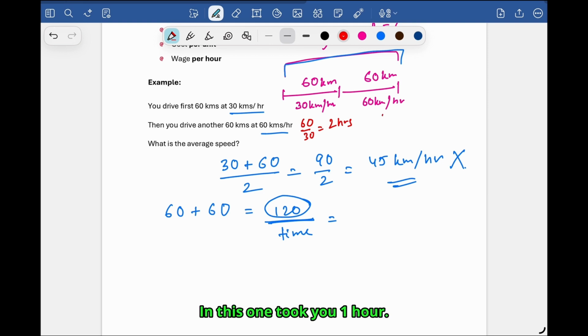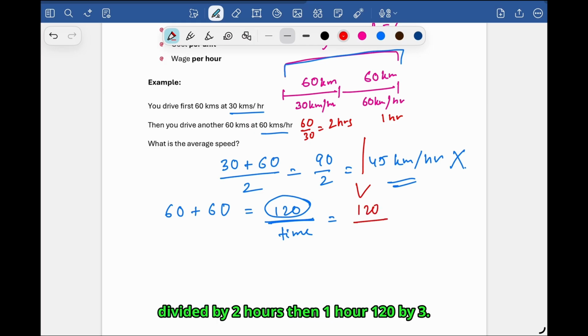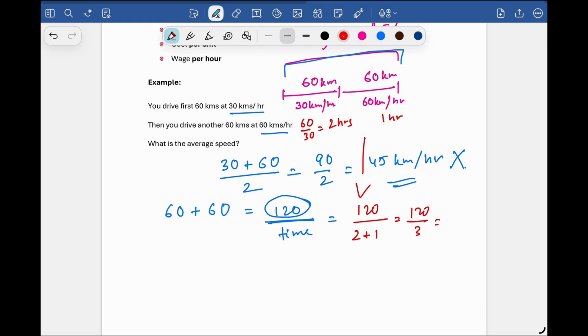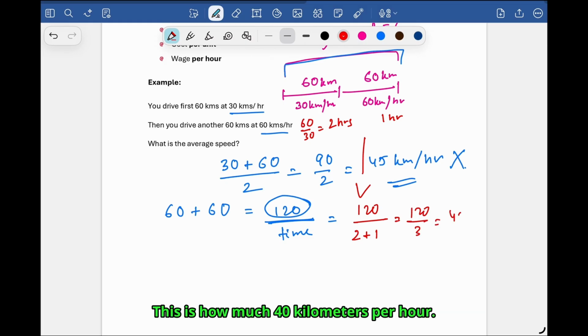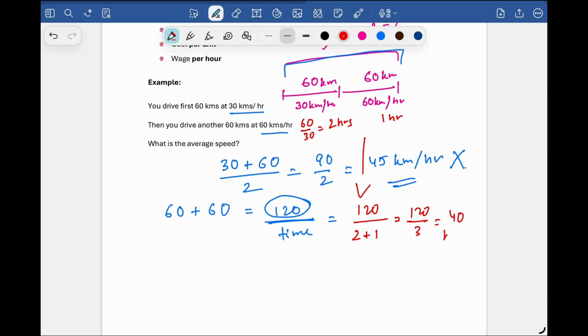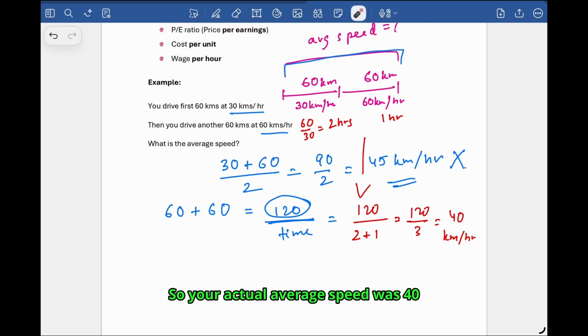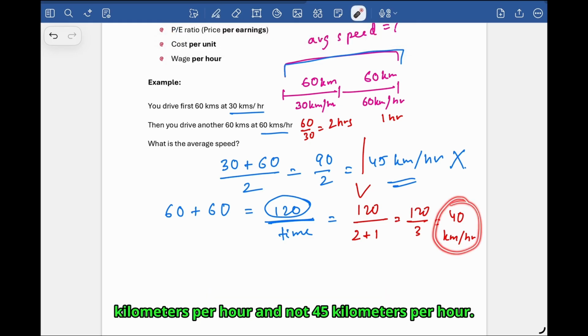And this one took you 1 hour. So 120 divided by 3 hours, this is 40 kilometers per hour. So your actual average speed was 40 kilometers per hour and not 45 kilometers per hour.